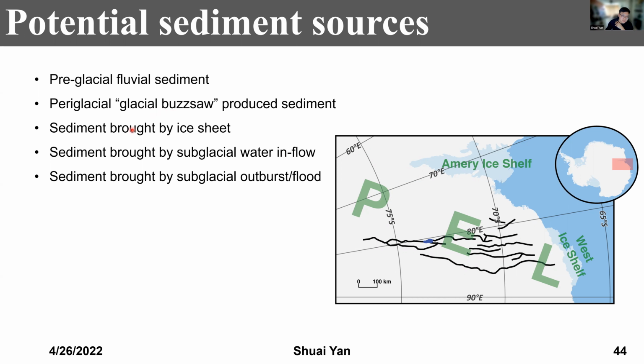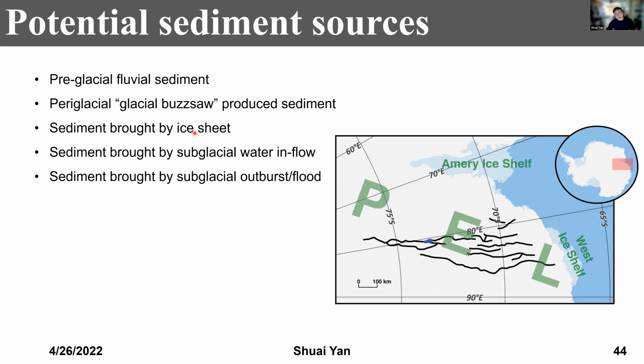And of course, under glacial conditions, there could be sediment brought by the ice sheet and brought by subglacial hydraulic activities. Either this slow fill and drain of water or this sudden outburst, those subglacial floods.